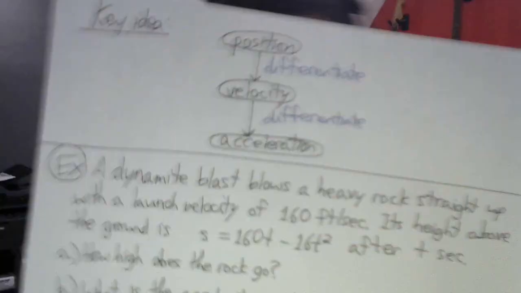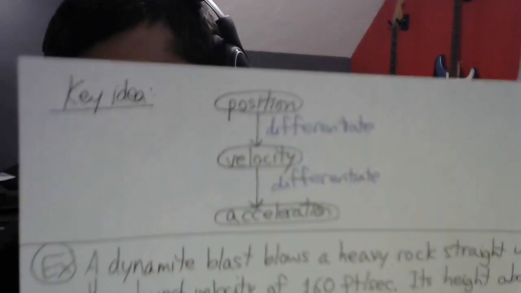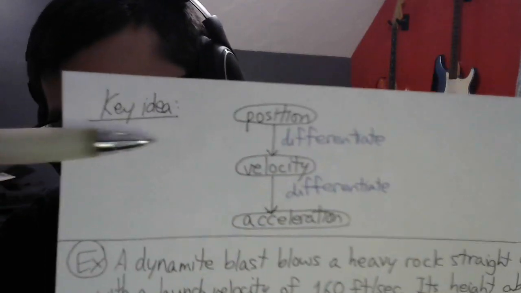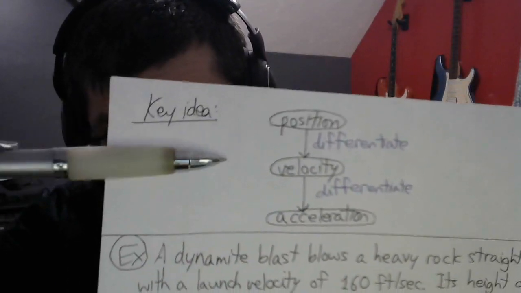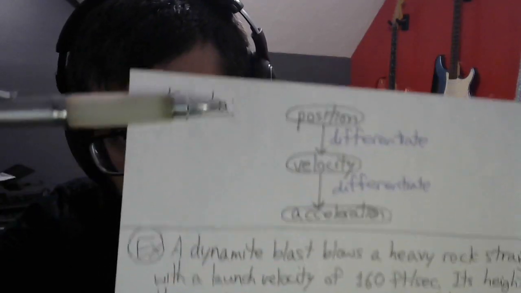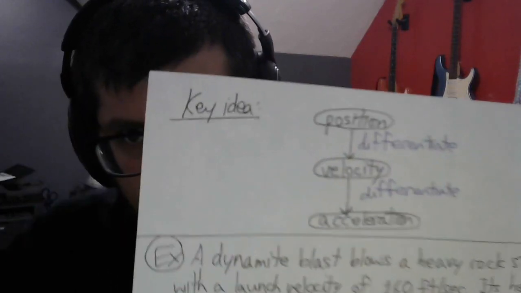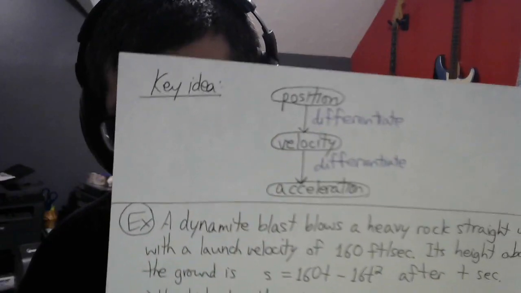And if there's one big thing that I'd like you to take away from this section, it's this key idea that I wrote down in the middle about position, velocity, acceleration. How do you go from one to the other? You differentiate. That is going to be important because really to answer a lot of these word problems, that's the calculus that you need to know.